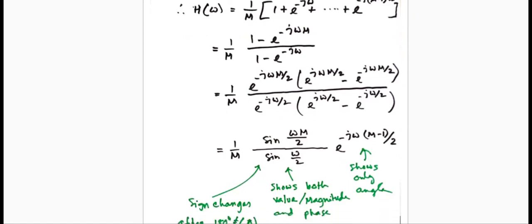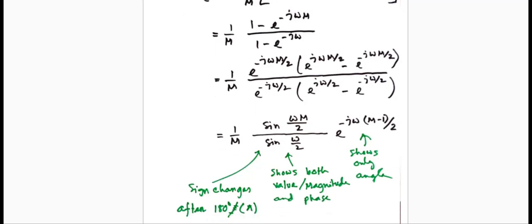And after doing that, I'm just taking e to the power minus j omega m by 2, just to make it a format like e to the power j omega m by 2 minus e to the power minus j omega m by 2. So e to the power j theta minus e to the power minus j theta, in that format, similar to the denominator, so that we can convert it to the cos format or the sine format. So that is our target.